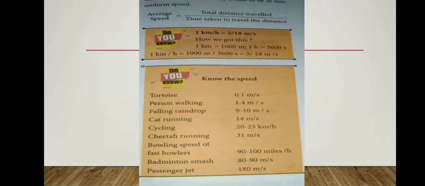A cat running is 14 meters per second, cycling is 20 to 25 kilometers per hour, a cheetah running is 31 meters per second. The speed of a fast bowler is 90 to 100 miles per hour. A badminton smash is 80 to 90 meters per second. A passenger jet is 180 meters per second.